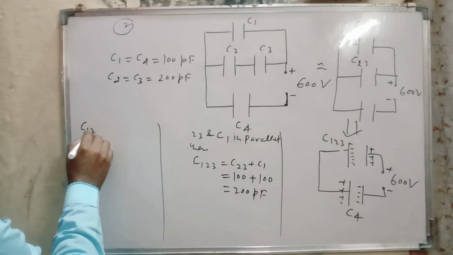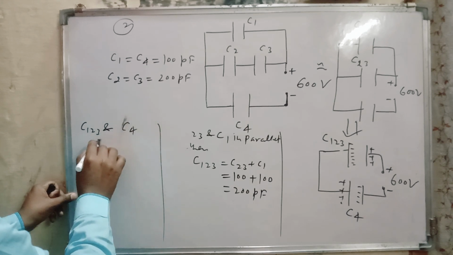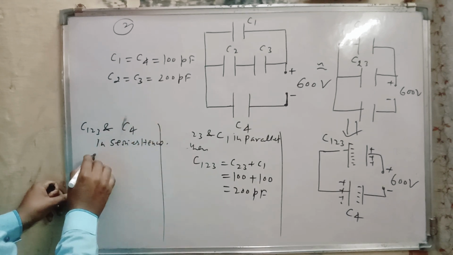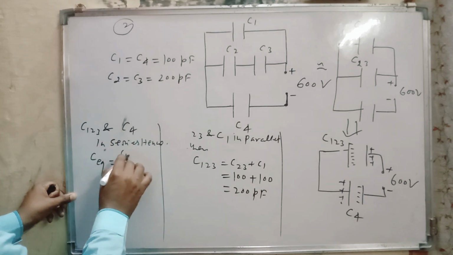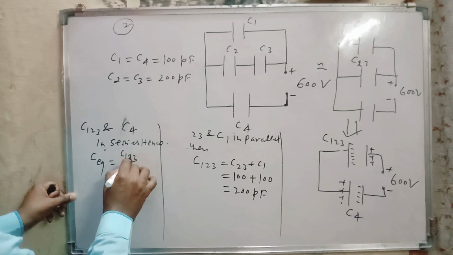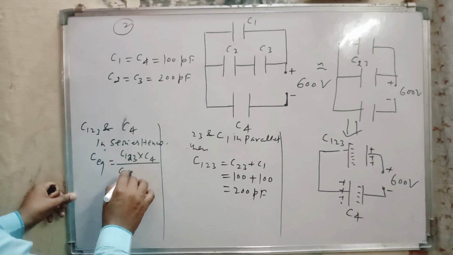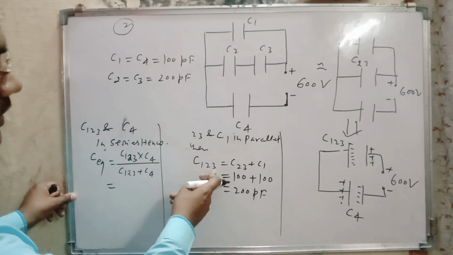Hence C dash, that means C equivalent, is equal to C123 multiplied by C4 divided by C123 plus C4. Now what is the value of C123?